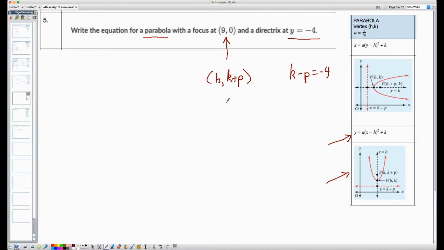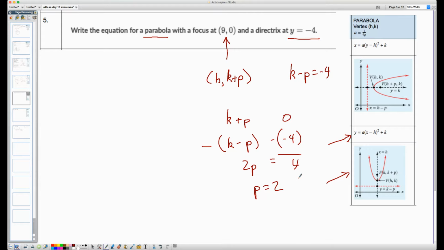So if I have k plus p and k minus p, k plus p would be 0, and I'm going to subtract from that k minus p, which is minus a negative 4. I'll get 4 is equal to 2p, or p is equal to 2.